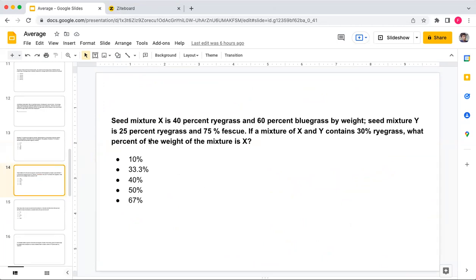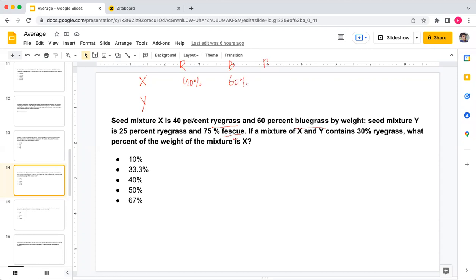So we have seed mixture X and seed mixture Y, which are further combined afterward. First of all, we have X and then we have Y. In X, let's call one seed R and the other B, for example. R is 40% by weight, and B is 60%.